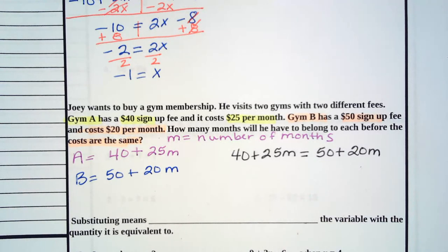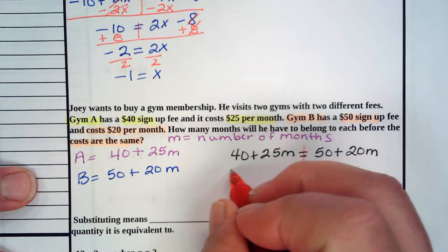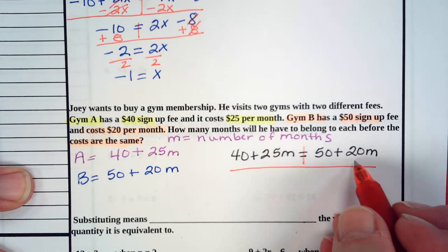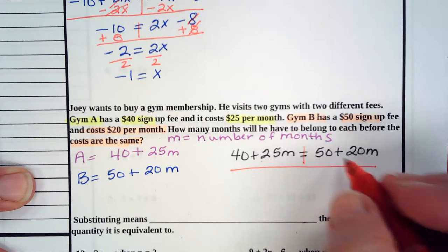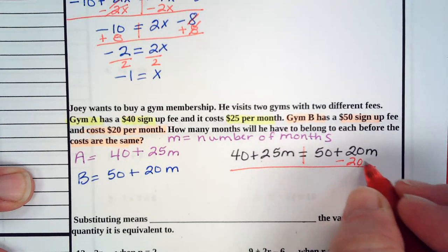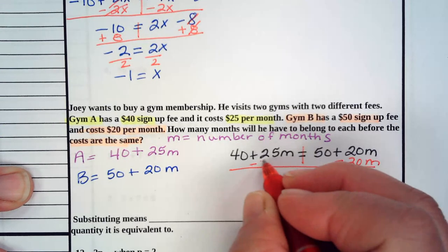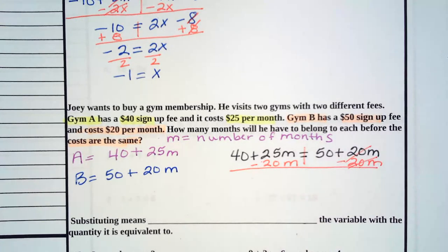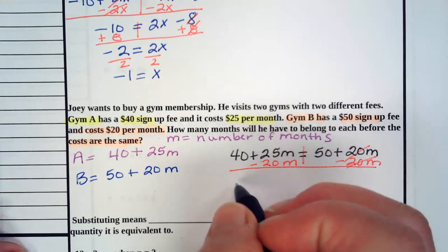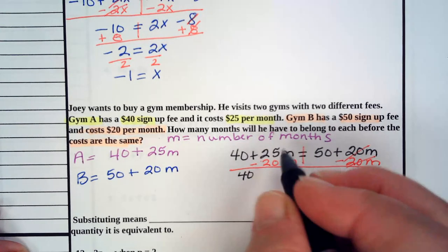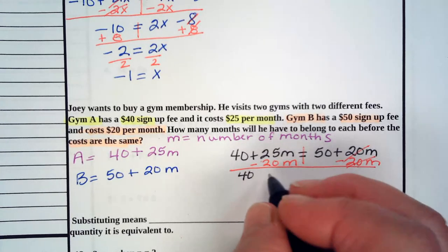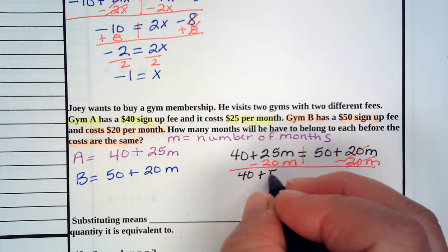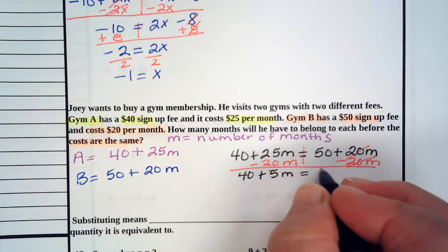All I did was set them up equal to each other. Now we're ready to solve. Okay, 25M, 20M, 20 is smaller, so I'll subtract 20M from both sides. I've eliminated it here. I'll bring down the 40. 25M minus 20M is 5M, and that is equal to 50.